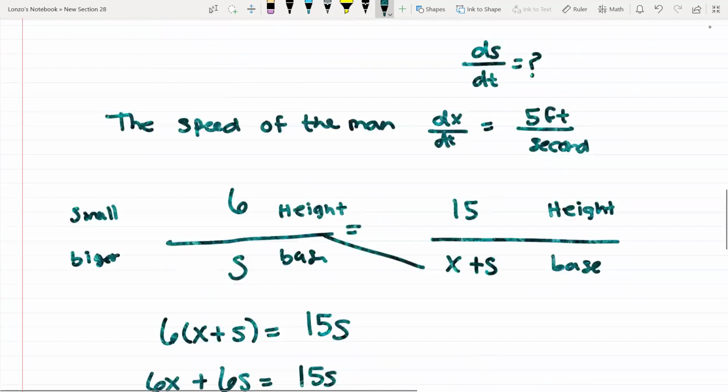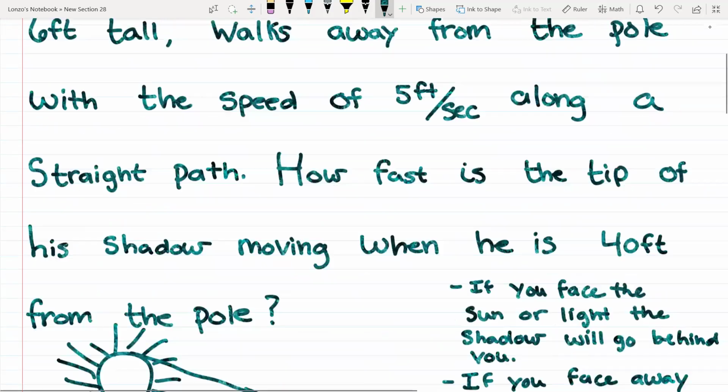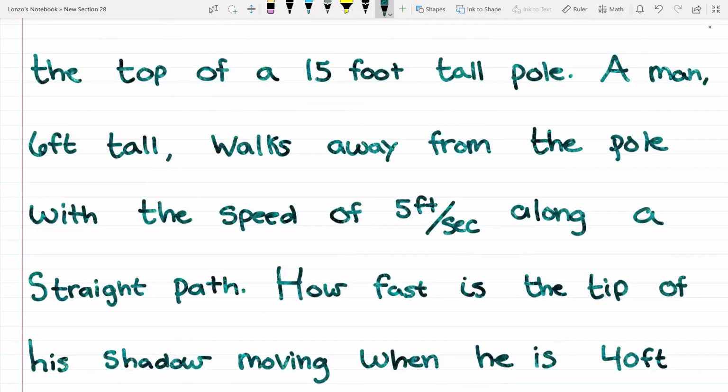So that is example 8. I'm going to stop here.